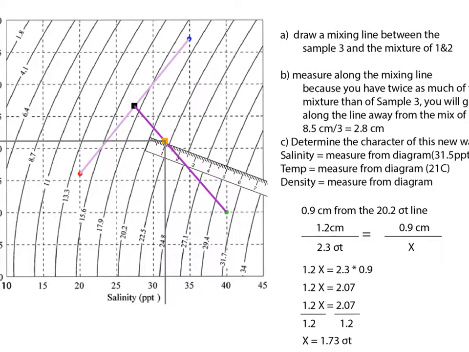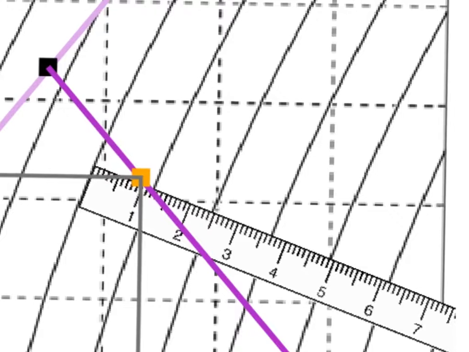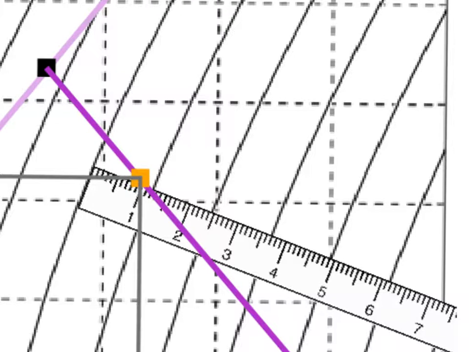And then with density, once again, we zoom in, we measure the distance from the smallest sigma T line.